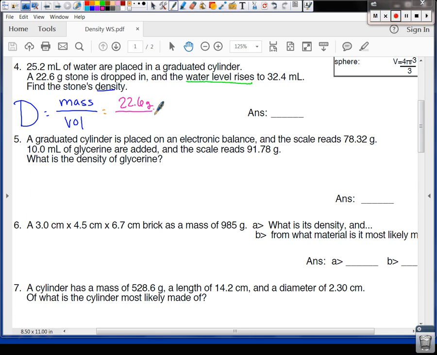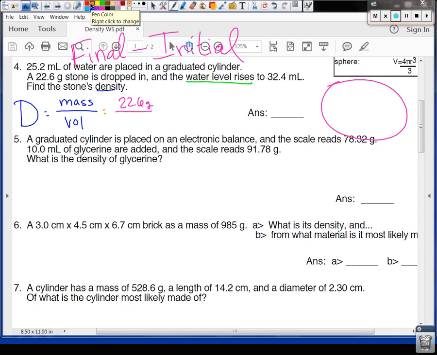Subtract. Now this is important. And if you want to write it out over here, you may want to, so you need to write final minus initial. So the important part was, what was your final volume? Okay? So we've got 32.4 minus what? 25.2. And those are both milliliters.